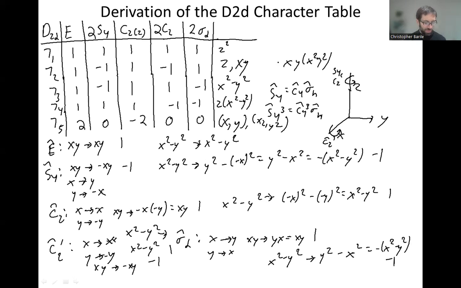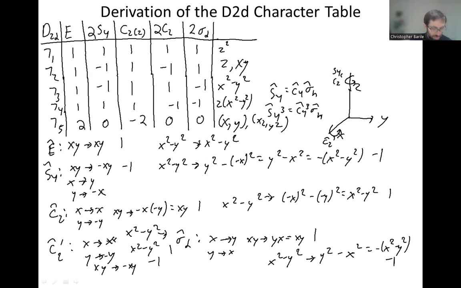Because we know both z and xy transform as a symmetry, but that's not really a very useful function. Cubic functions are used in f orbitals, right? So there we have it. We've derived the character table. Again, that last trick there is just multiplying gamma 2 by gamma 3. We got this new function here.